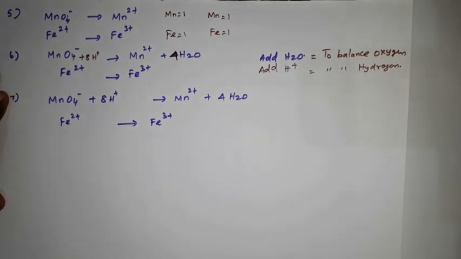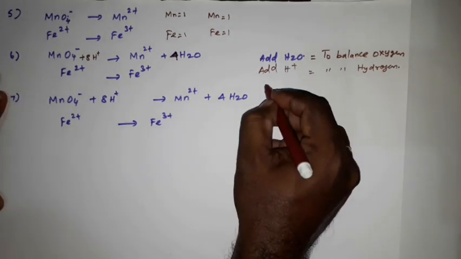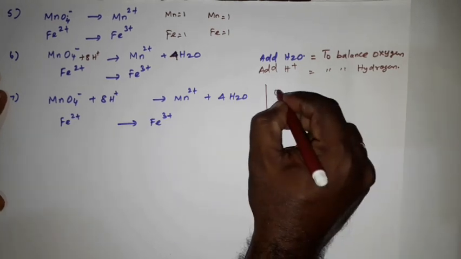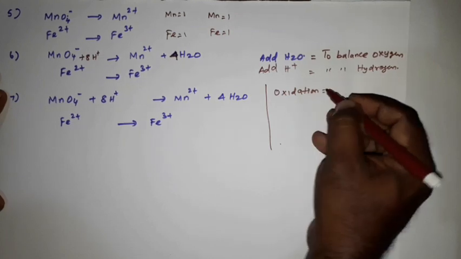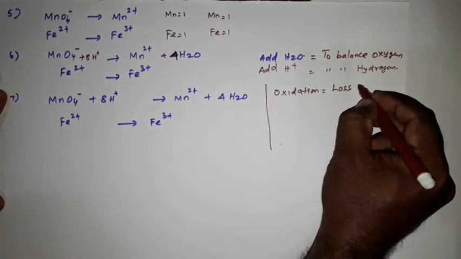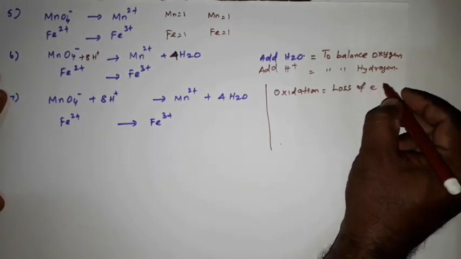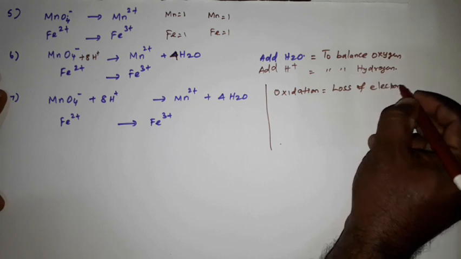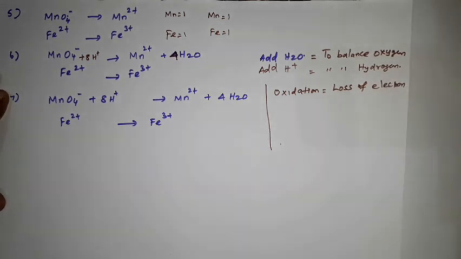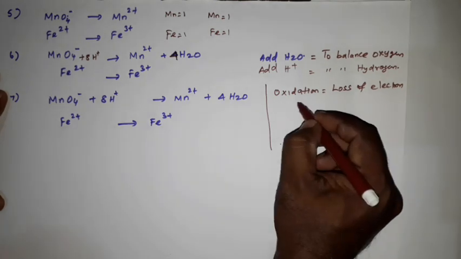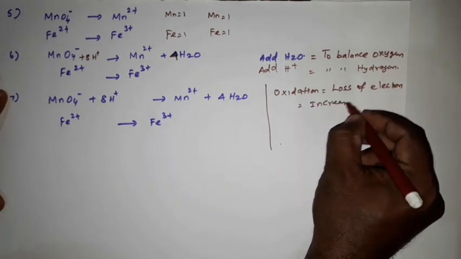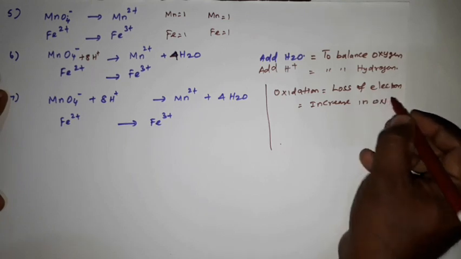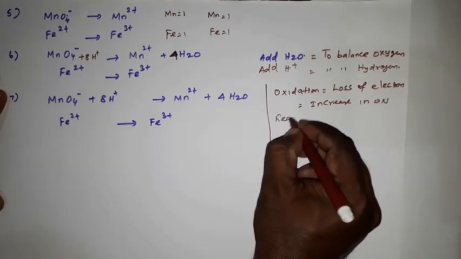Now we studied oxidation and reduction. What is meant by oxidation and what is meant by reduction? Oxidation means loss of electrons, and one more definition, increase in oxidation number.